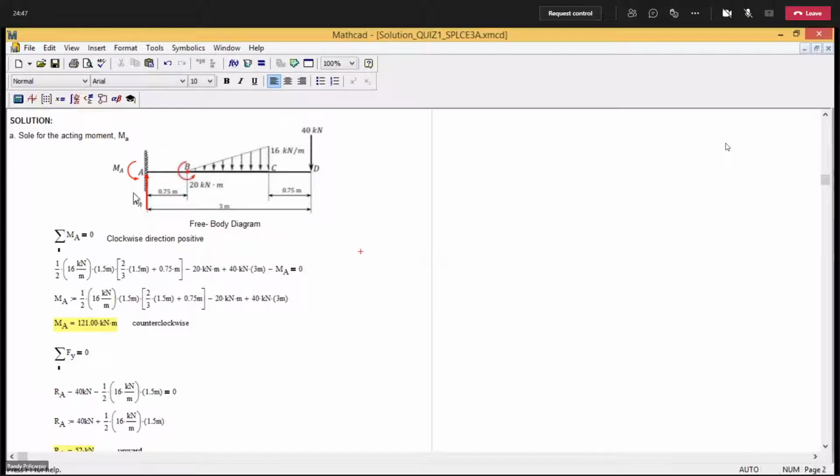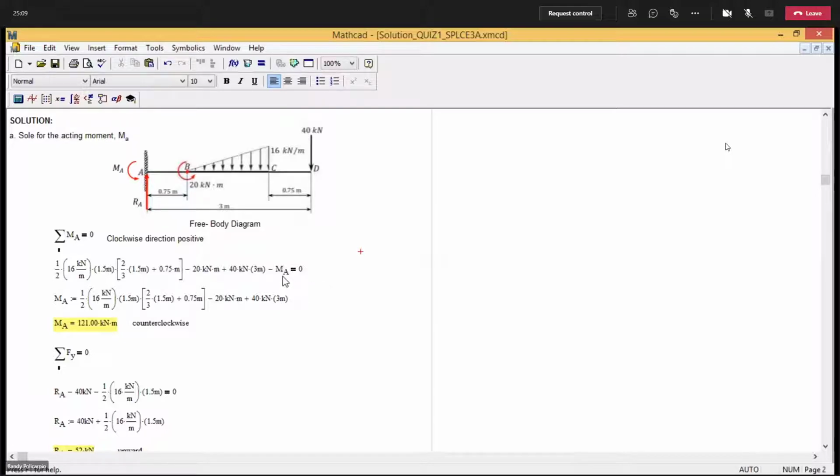Then your RA will be eliminated because our moment center is at A. Only moment A will be considered, and it is counterclockwise in direction, so it will be negative. And this is equal to 0. So this is how we write our moment equation.